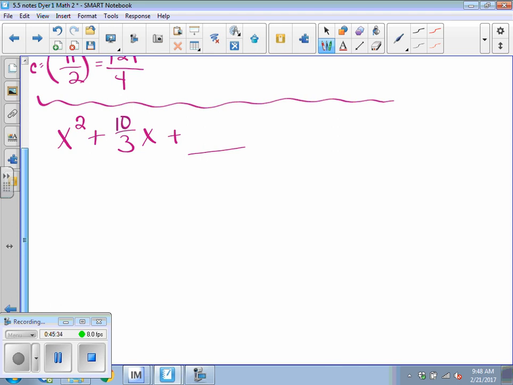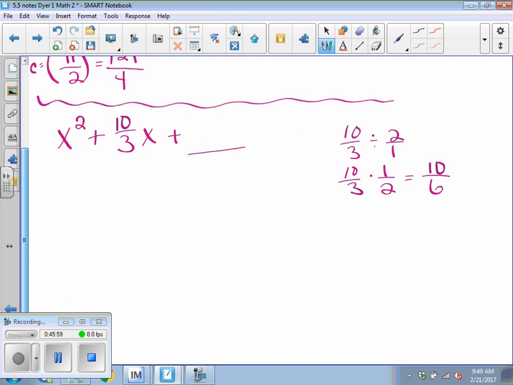Now, you have a calculator that can do that for you. But anytime you take a fraction and you divide it by 2, that's the same thing as multiplying times 1/2. Right? So that's 10 over 3 times 1/2. So that's 10 over 6.